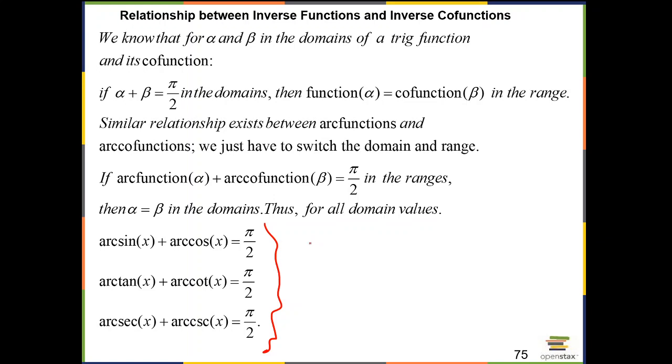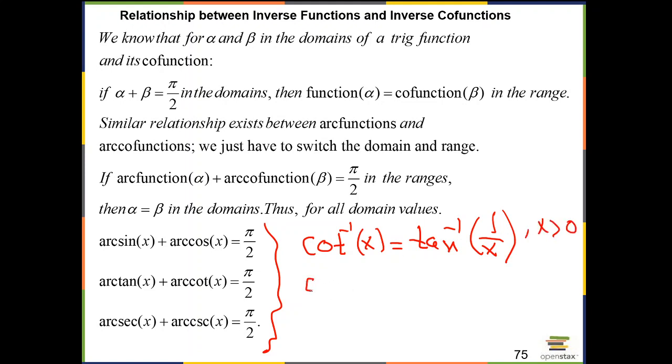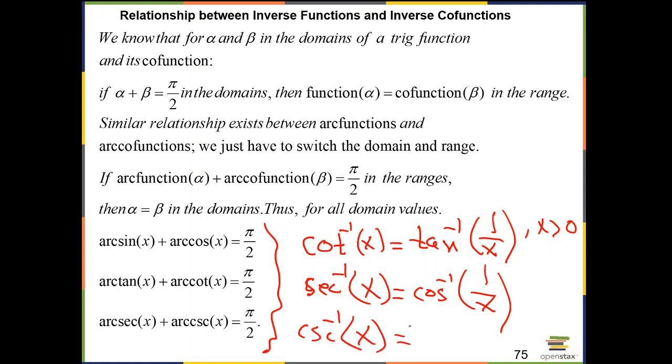Now the reciprocal relationships again: cotangent inverse of x is tangent inverse of 1 over x, but this is true for x positive, and secant inverse of x is cosine inverse of 1 over x, true for all x values in the domain, and cosecant inverse of x is sine inverse of 1 over x, okay? So these are the relationships you should know between the inverses, and they're pretty useful, okay?